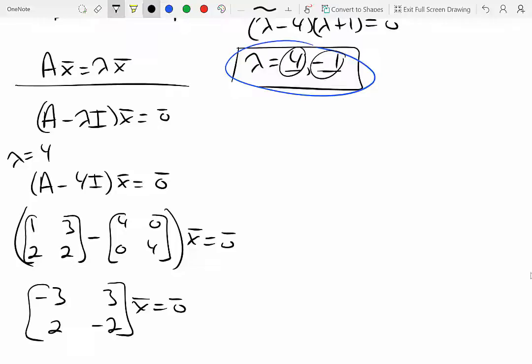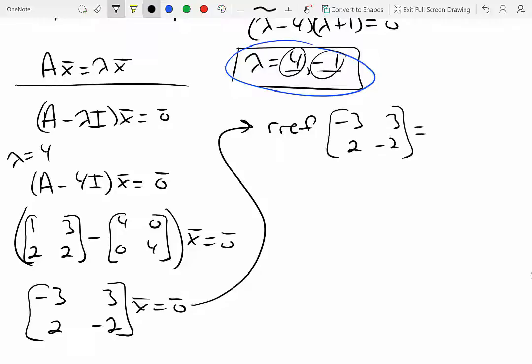And what I'm looking for are all of the non-trivial solutions. So I need the reduced row echelon form of -3, 3, 2, -2, which is going to be equal to, and please check this, 1, -1, 0, and 0.